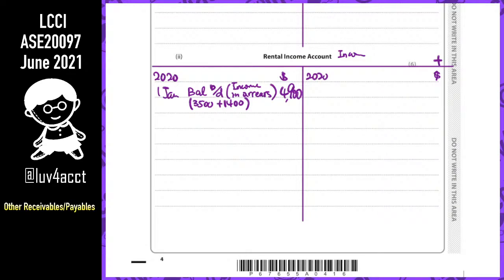It would be 30th of June. In the middle of the year, we have decided that this tenant owing us 3,500 will not repay the amount to us. So we have to write it off. It is irrecoverable debt.